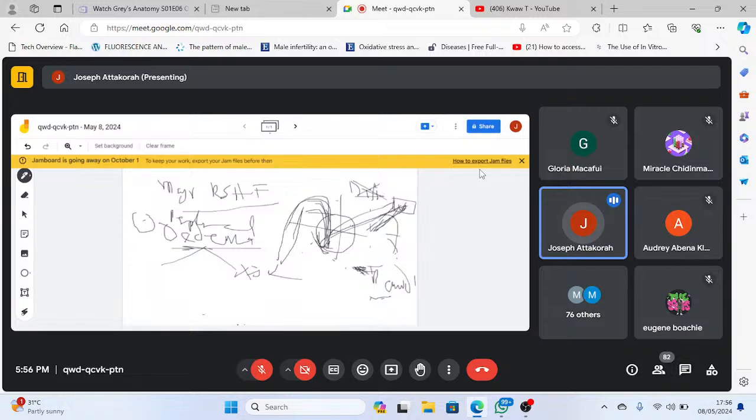Therefore, right-sided failure will cause peripheral edema. So anytime at the ward you see a heart failure patient with edema, the conclusion is that the patient is having right-sided failure.